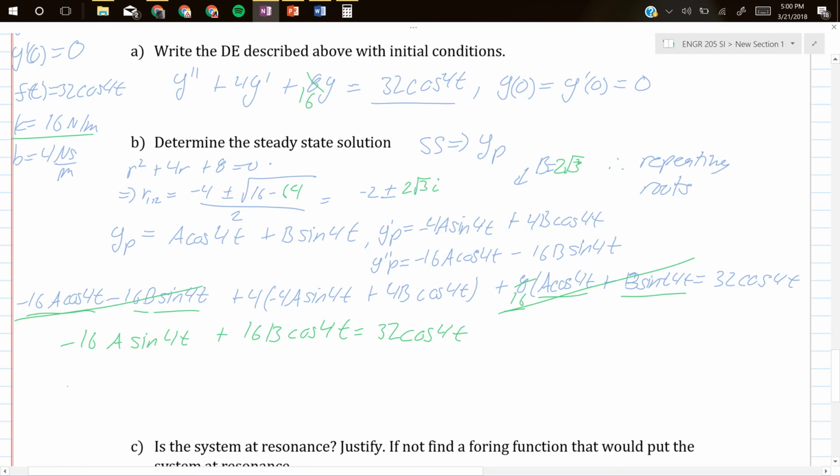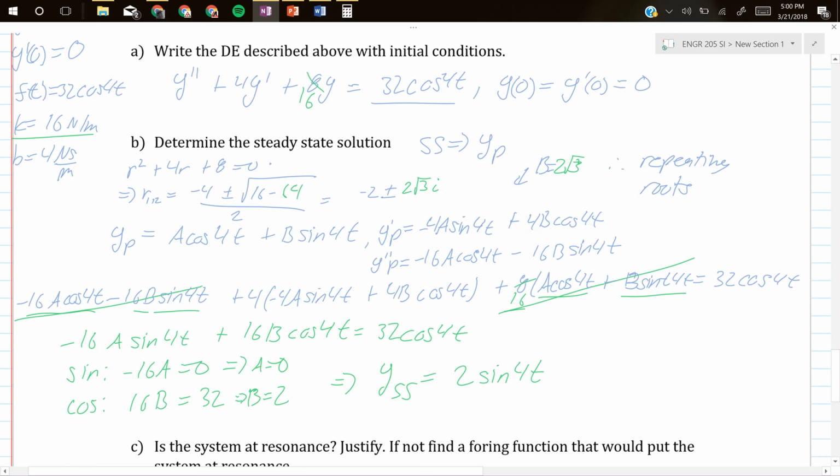Then we can equate like coefficients. The sine equation is negative 16a equals 0, so a equals 0, and the cosine equation is 16b equals 32, which implies b equals 2, which implies our steady state solution, y sub p, is just 2 sine 4t.